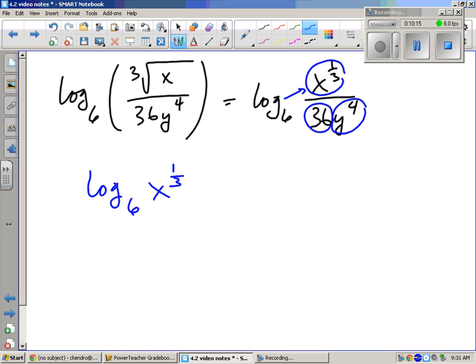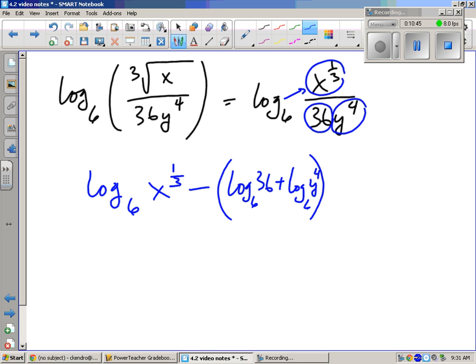Now we are going to subtract because it's division. And then the rest of this, since these are multiplied together, they're going to become addition inside the brackets. So I have log base 6 of 36 plus log base 6 of y to the 4th. So we expanded that into the quotient and product.